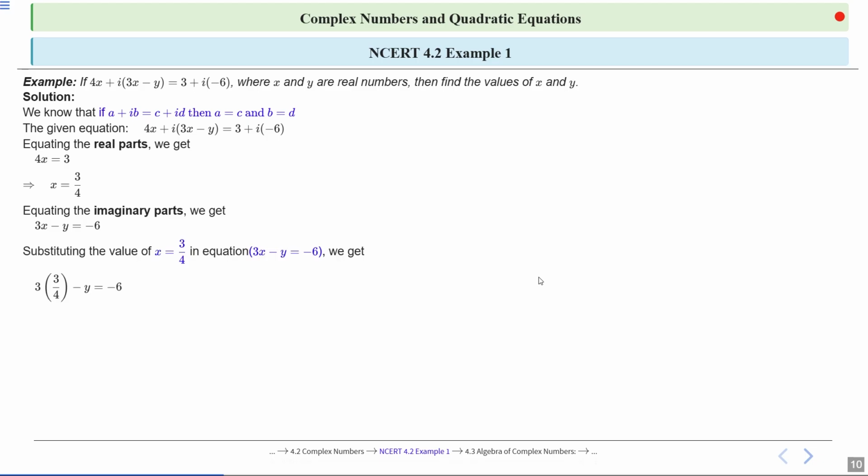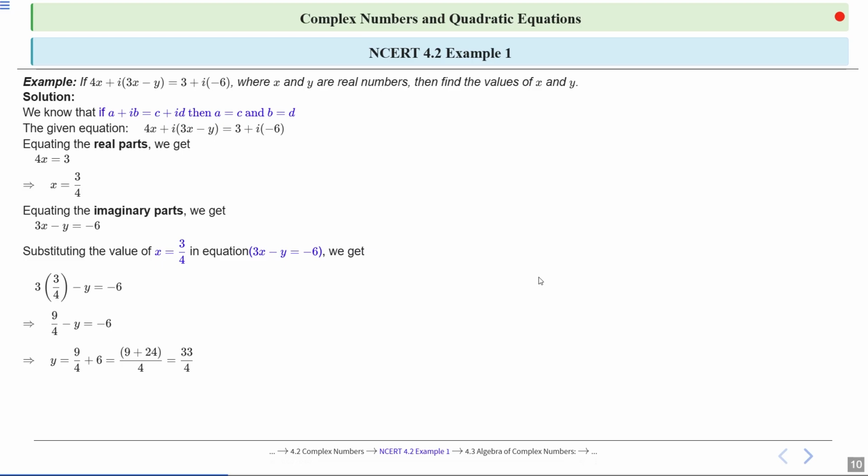Let's substitute x equal to 3 by 4 into the equation 3x minus y equal to minus 6. This gives us 3 times 3 upon 4 minus y equal to minus 6. Now let's simplify the equation. 3 times 3 divided by 4 is 9 divided by 4. So we have 9 by 4 minus y equal to minus 6.